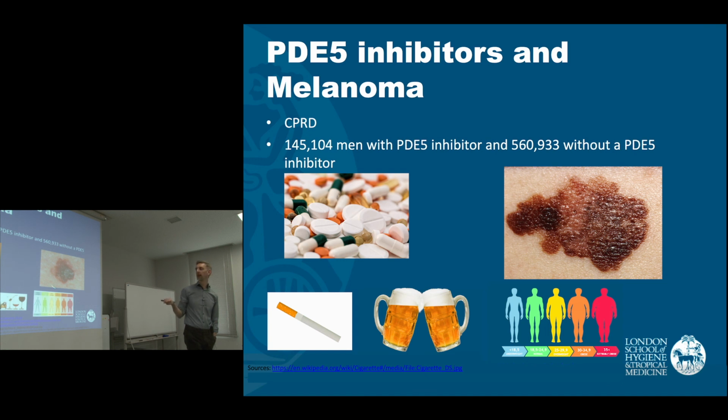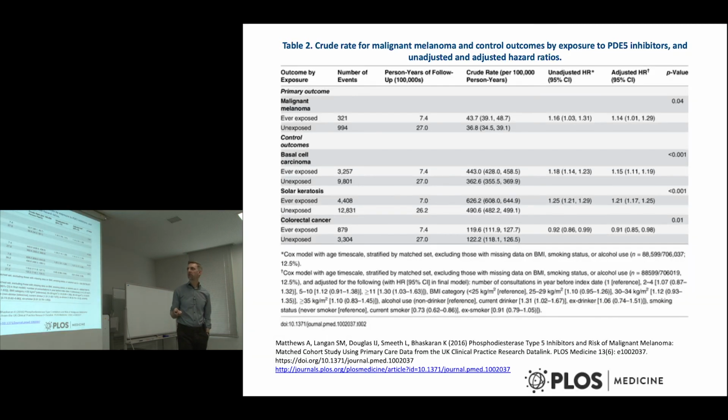What causes skin cancer? Sunlight. Exposure to sunlight. So, is it possible that men that take PDE5 inhibitors are more exposed to sunlight than men that don't? It's possible. We can't measure it. It's not in the GP database, so we don't know about that. So we can't adjust for it.